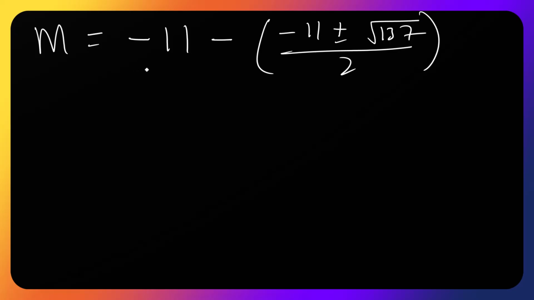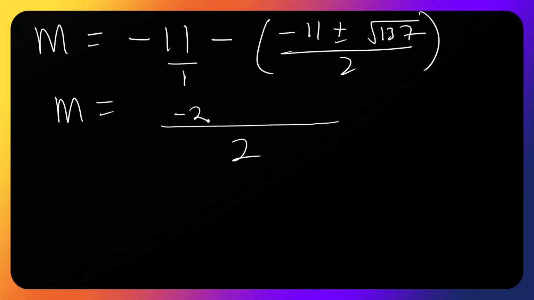And let's see if we can simplify. Okay, so let's make this side over 1. Now the LCM here will be 2. So 1 here, 2, minus 22. 2 here, 1, minus 11 plus or minus square root of 137.